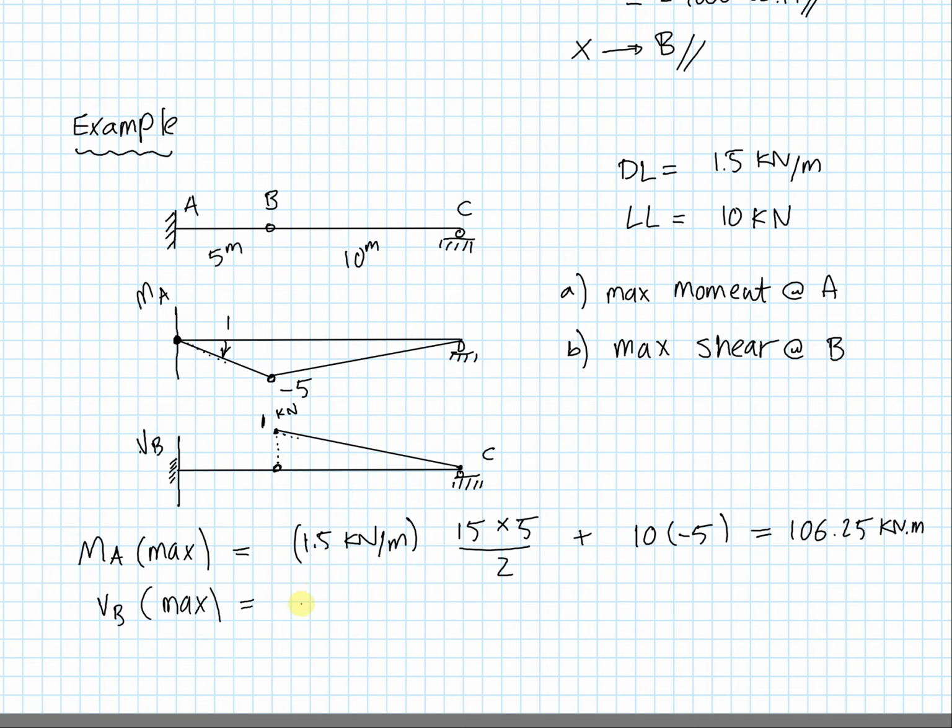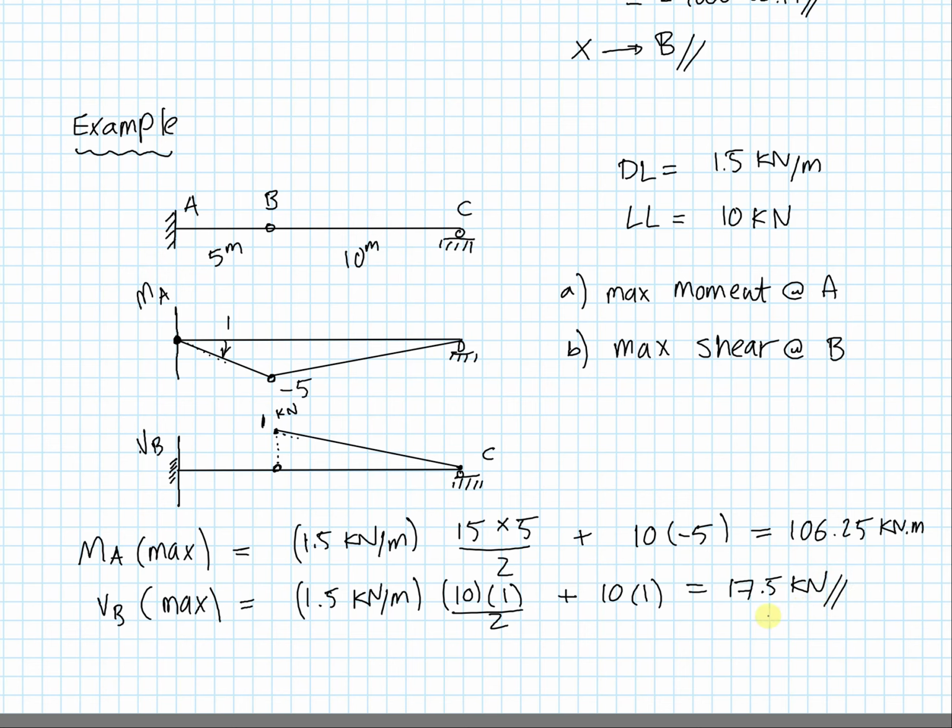So we have 1.5 kilonewtons per meter, 10 meters times 1 divided by 2, plus 10 times 1. And the resultant is 17.5 kilonewtons, being the maximum shear at location B.